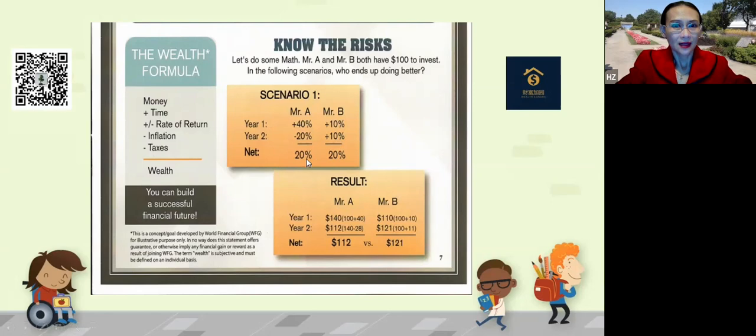No matter what you put into the investment, both of them will still gain money. So we say the wealth formula is equal to the seed money you put in, plus the time, long-term investment, and then a rate of return averaged out over those years, beating the inflation, and being wise with the tax, and then we'll be able to create wealth.